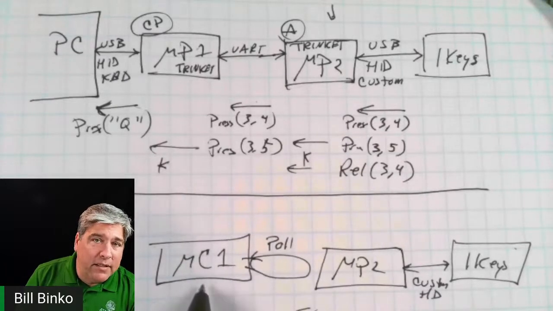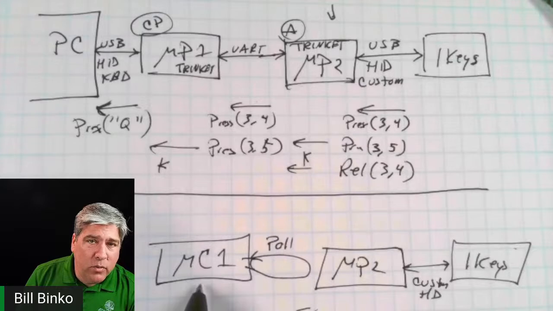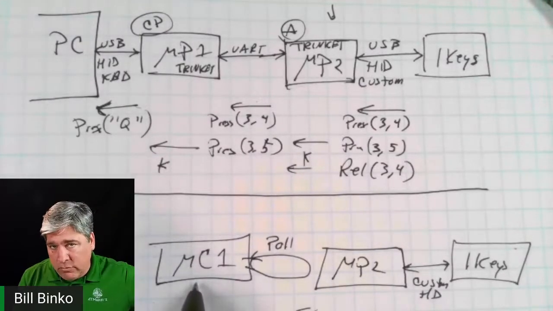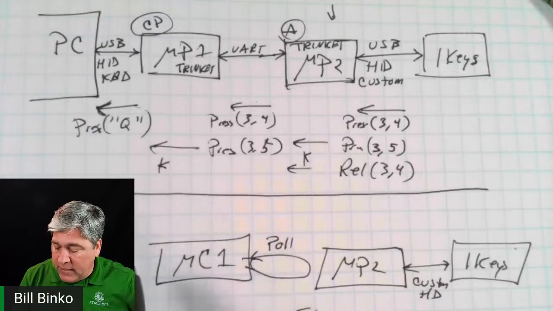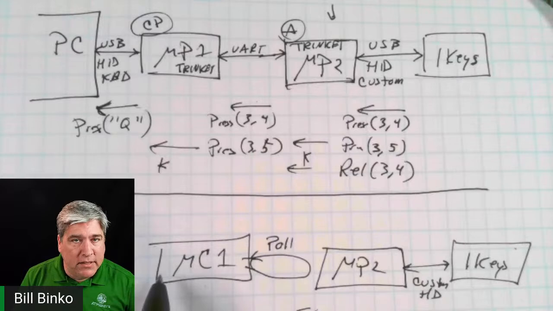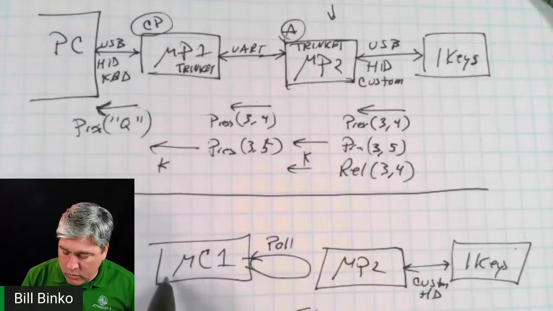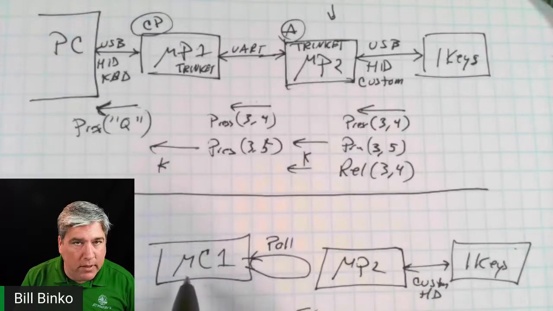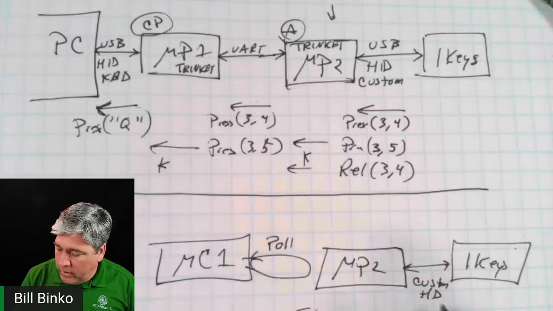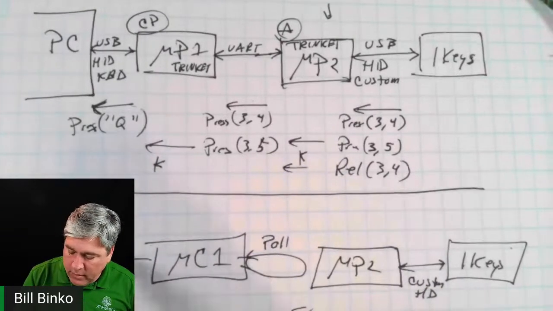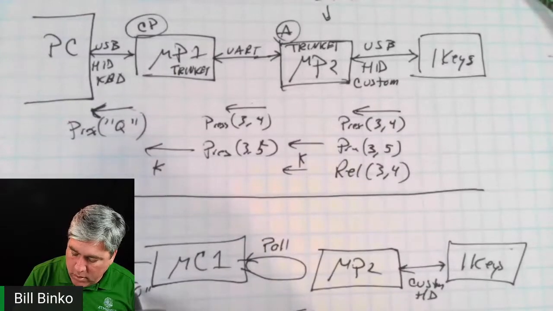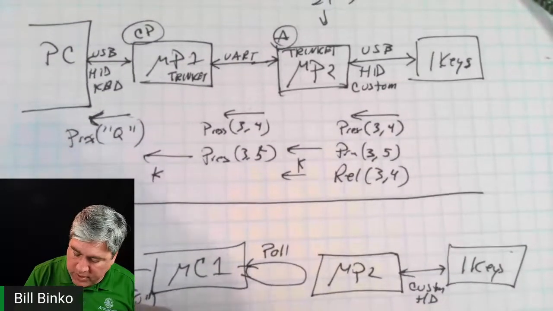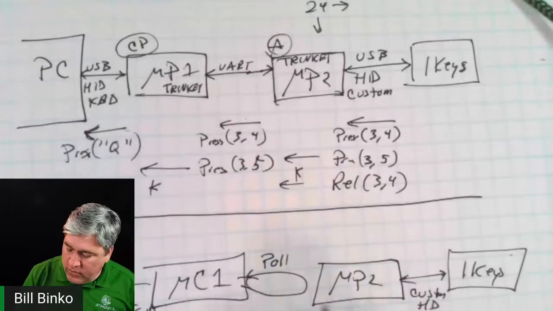This one then does logic to say, okay, which cells went up, which ones went down, comparing it to the last event that I got, and then sends the presses and releases that I need to get what I think should be currently down to match what's on the other side. So this guy then sends press Q to the PC.